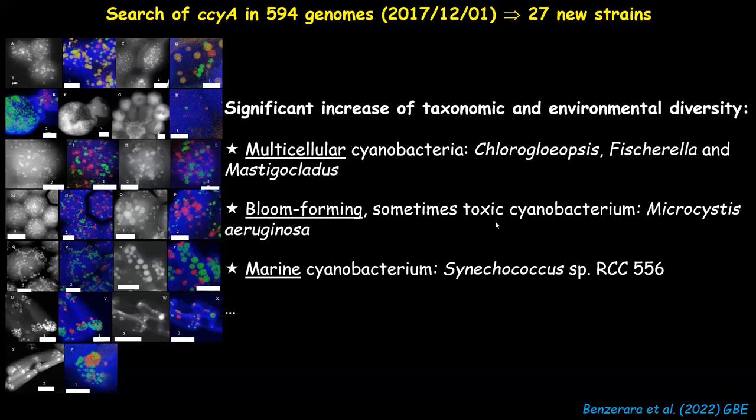This is a sometimes toxic cyanobacterium, which blooms in some aqueous environments. I'll get back to that, but that was pretty interesting. And we also found the calcyanine in some marine cyanobacteria. So far, we had only freshwater ones. So you see, it expands the environmental significance of these cyanobacteria.